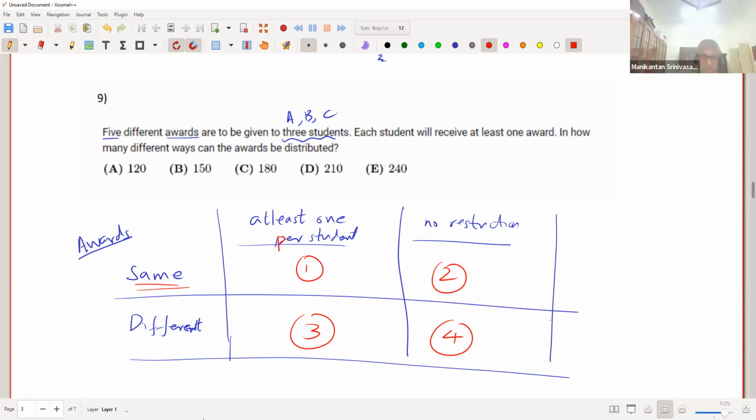I'm just changing this word instead of different. Now I'm saying it's same. And I'm saying at least 1 per student. That restriction is still there. So these are the 2 possible phrases where I can play with, either same or different, with or without restriction. Now I'm saying with the restriction that at least 1 prize for each student.